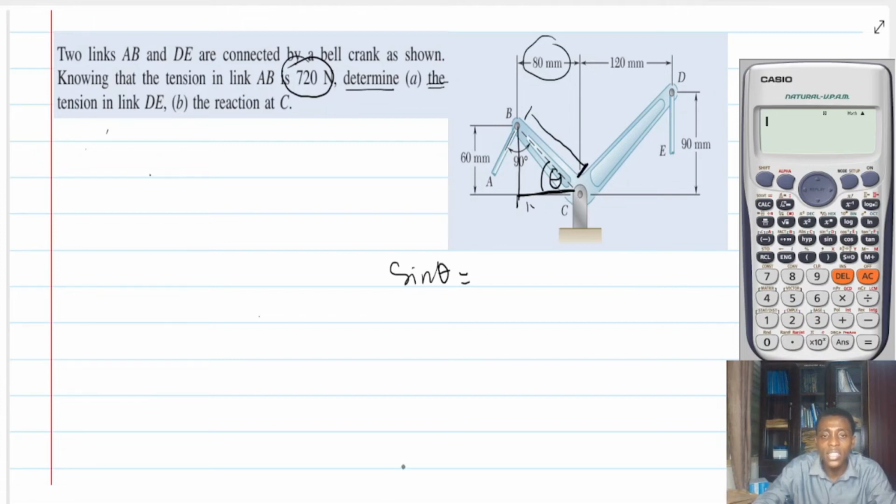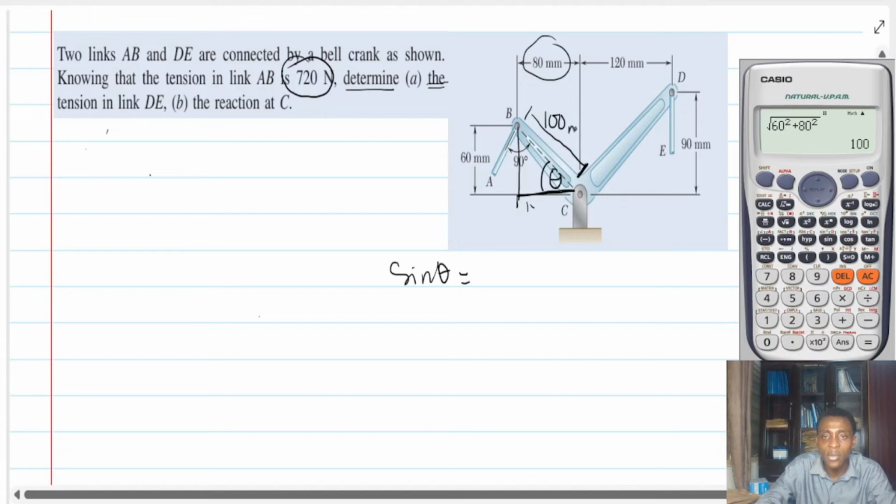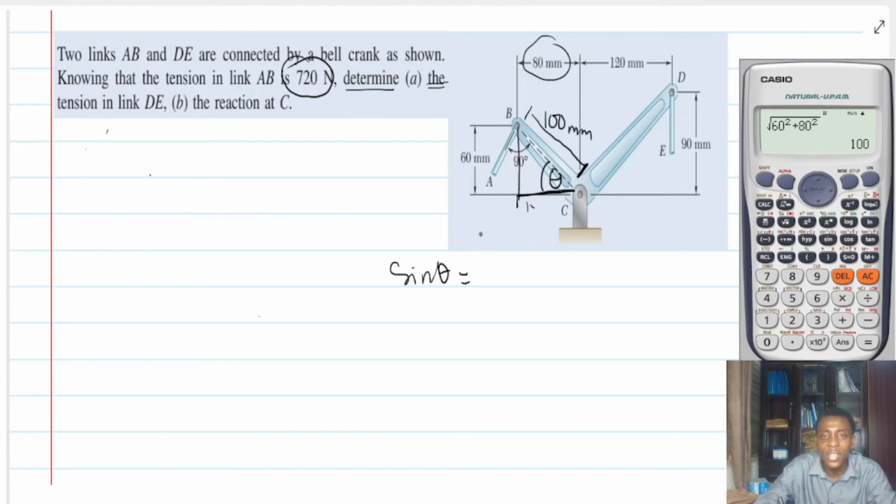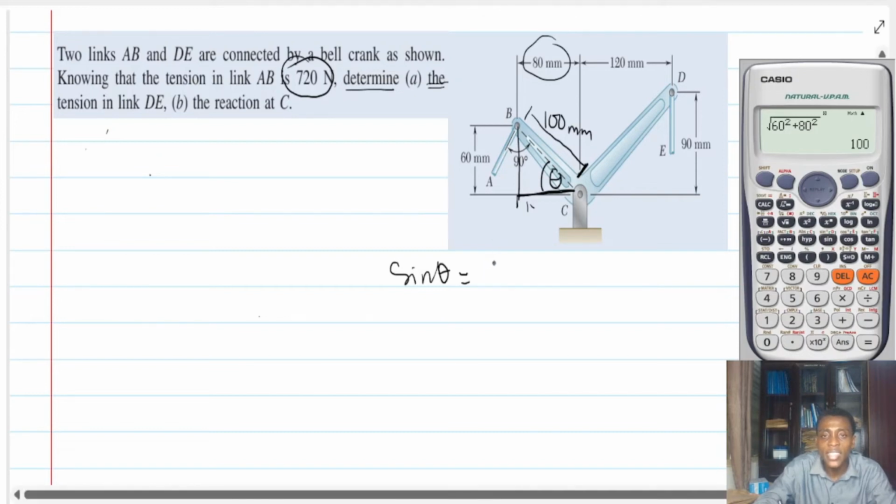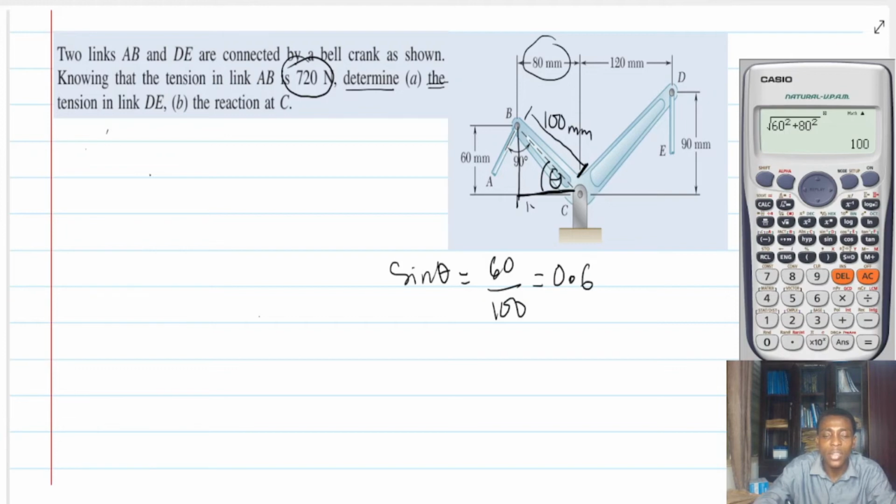It means that the longer side is going to be the square root of 60 squared plus 80 squared, and that gives us 100. So this over here is 100 mm, isn't it? And if this is 100 mm, then sine theta is 60 over 100, the same as 0.6, isn't it? 60 over 100.